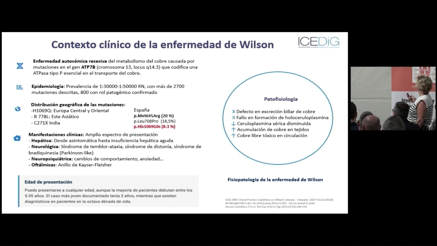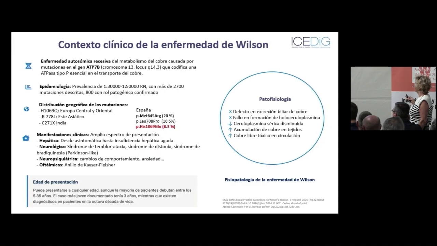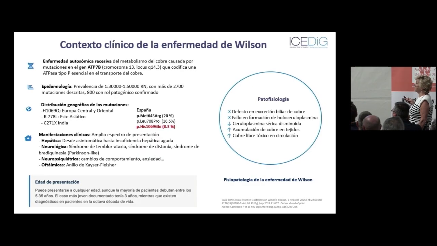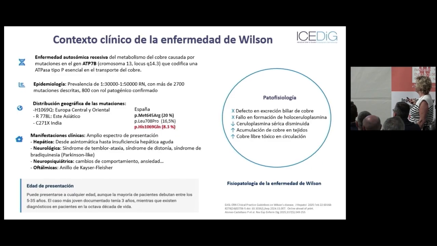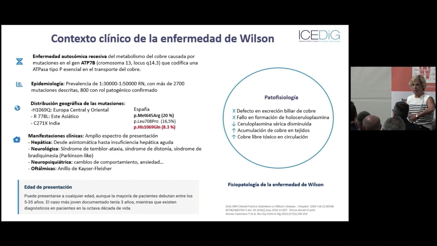And it has an effect on the biliary excretion and the functioning of ceruloplasmin, which binds copper. The ceruloplasmin is abnormal, hence we have decreased ceruloplasmin, and when this happens, the copper accumulates in tissues, and then you have more toxic free copper in circulation.